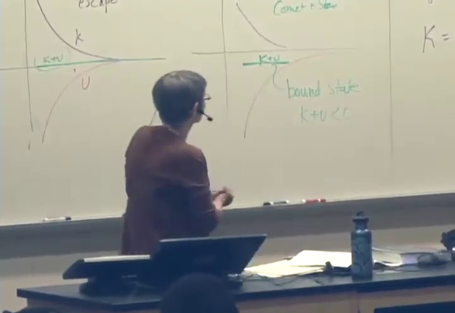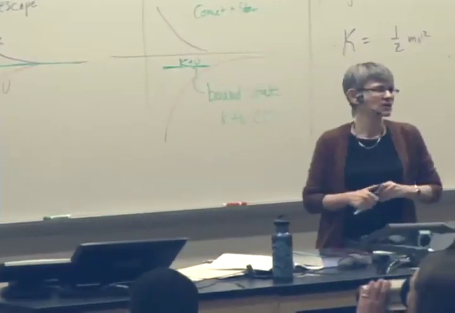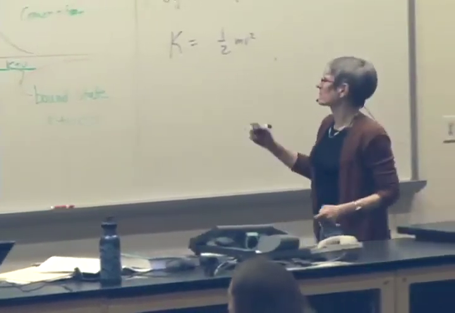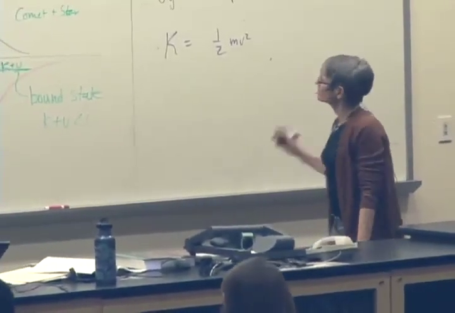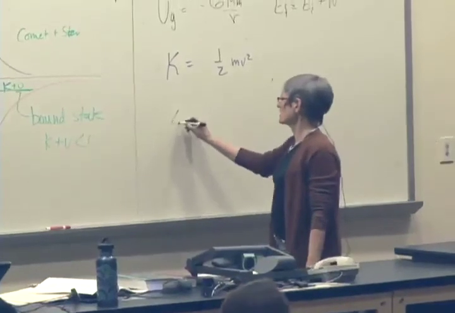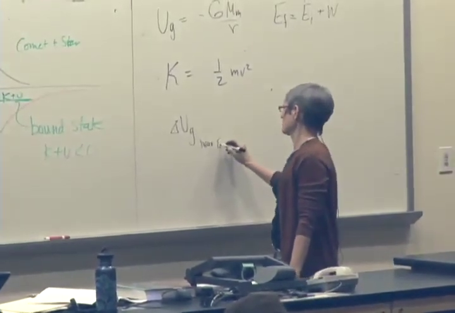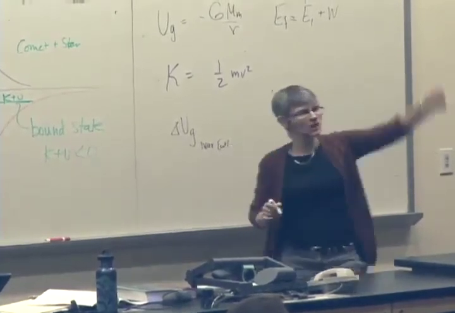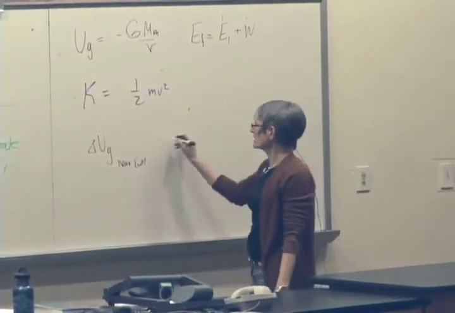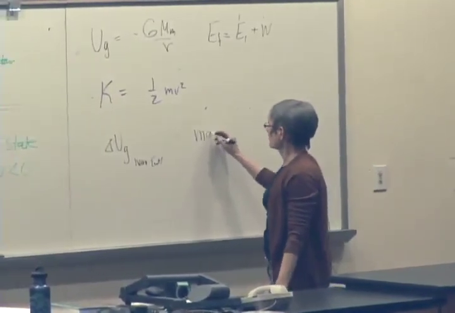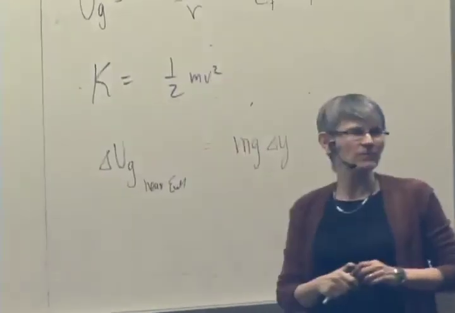Gravitational potential energy near the Earth's surface. We actually worked this out at the very beginning, so we sort of had the change in potential energy near the Earth's surface. Remember, we were dropping a ball on the first day we started talking about potential energy, and that ended up looking like mg delta y, which doesn't look like that at all.